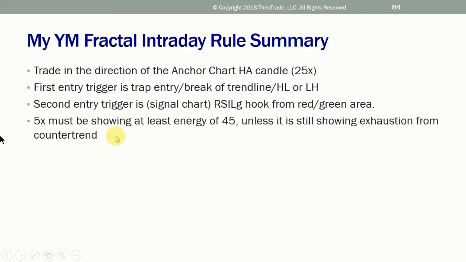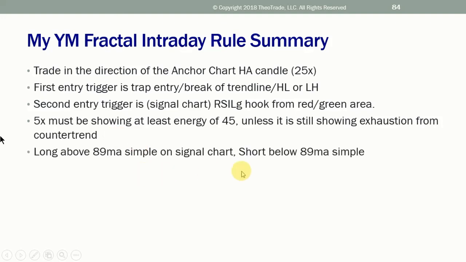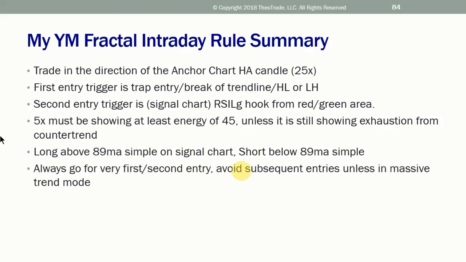5x filtering: make sure there's enough gas in the tank to go in the direction that you want. Long above 89, short below 89. This is a very simple rule. Sometimes I break this. Always go for the very first or second entry. Avoid subsequent entries unless in massive trend mode. I'll show you this in just a minute.